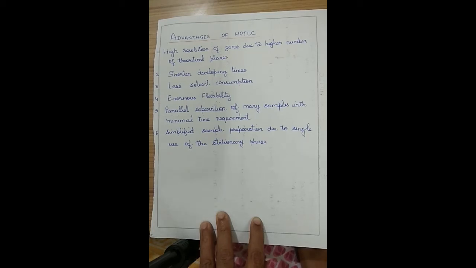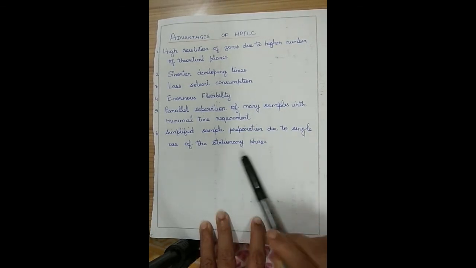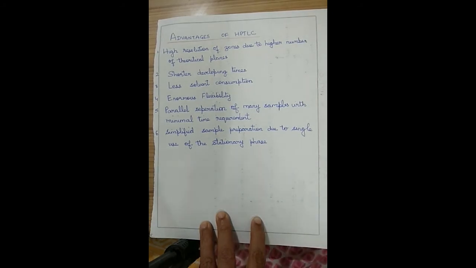It involves less solvent consumption. Then in HPTLC there is enormous flexibility. Then there is parallel separation of many samples with minimal time requirement. And it has simplified sample preparation due to single use of the stationary phase.